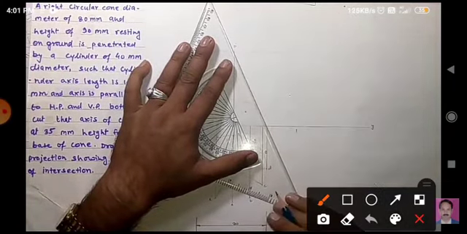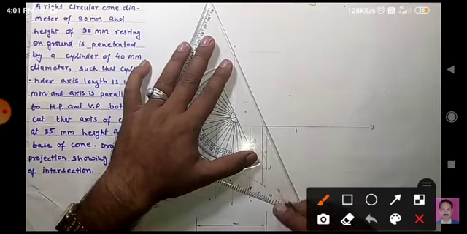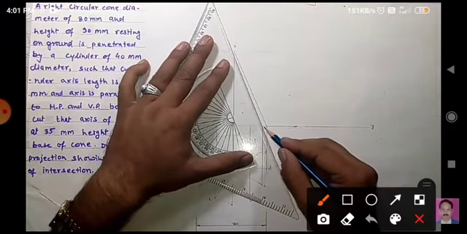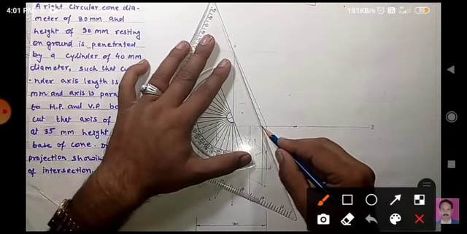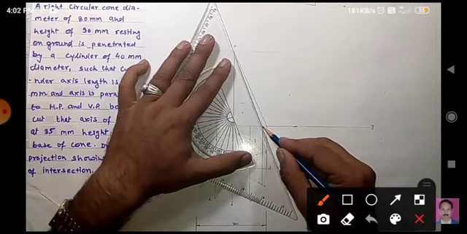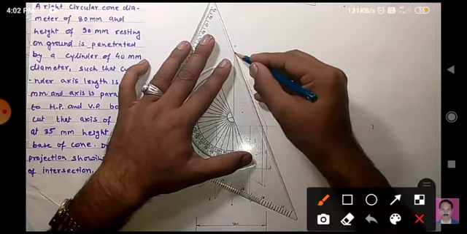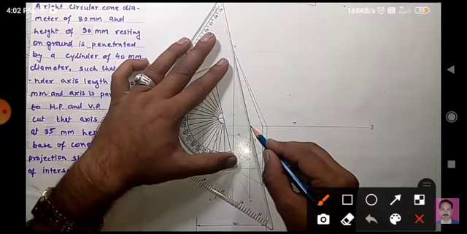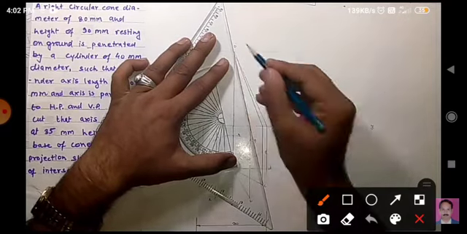You have to join all these points with the apex projection, because it will be helpful for us to draw the contour.